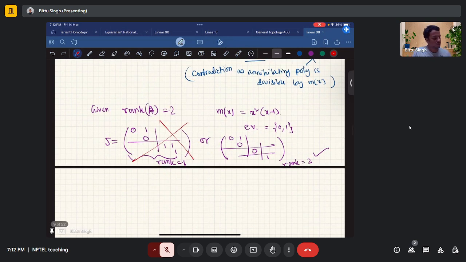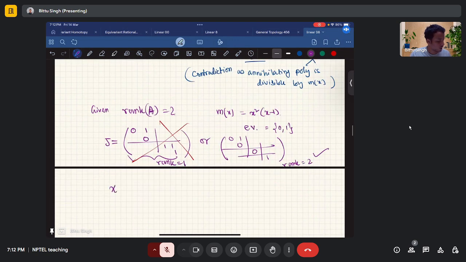So the Jordan canonical form must take this form, and therefore the characteristic polynomial chi A of x is the same as, since the minimal polynomial must divide the characteristic polynomial, x squared times x minus 1.